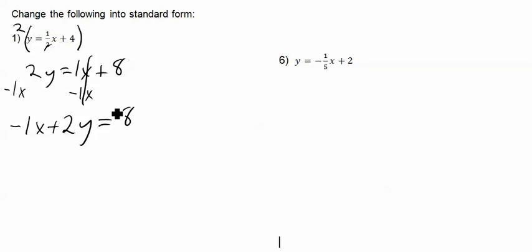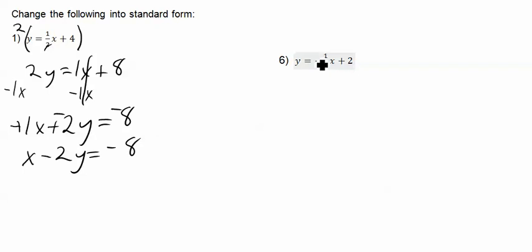There's one more step, because part of standard form is that a cannot be negative. So we need to change all the signs. And remember, we can do that as long as we change them all. That's plus, that's minus. So we end up with 1x, or just x, minus 2y equals negative 8.